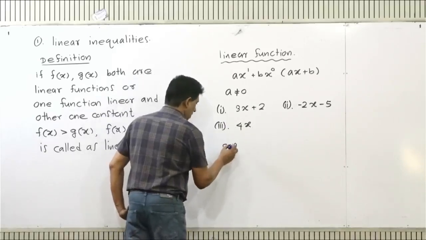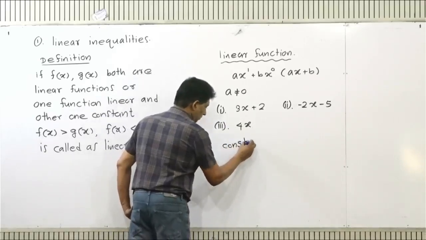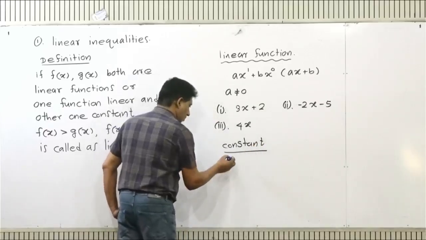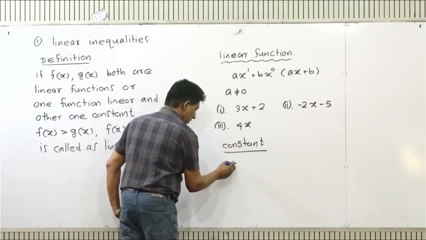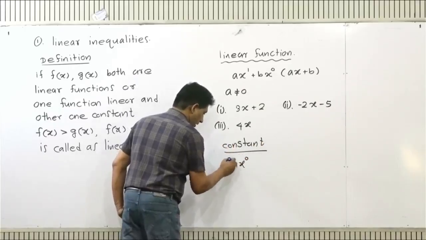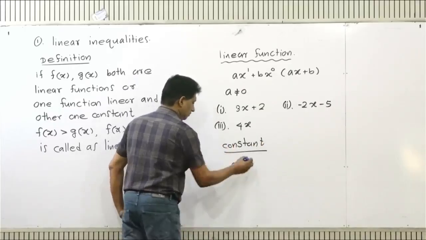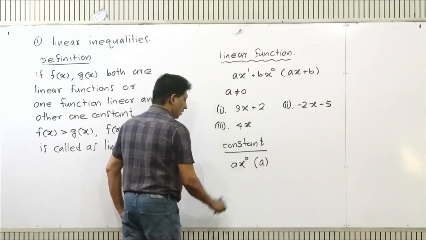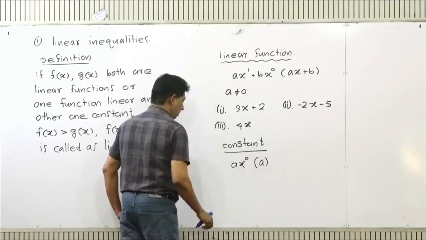Next we have to study constants. A constant also we can take as a function, a into x to the power 0, that means a. Here a is a real number.